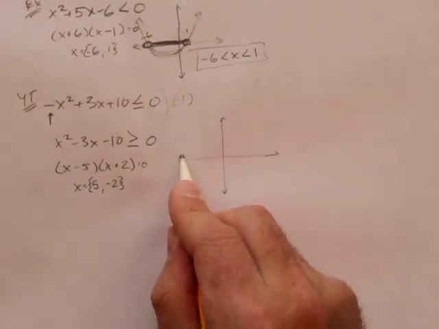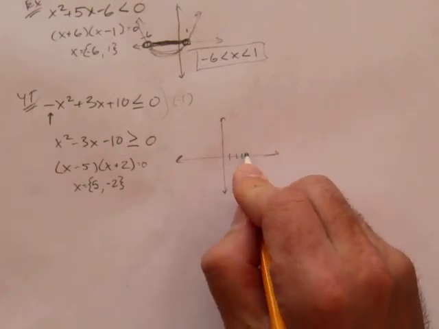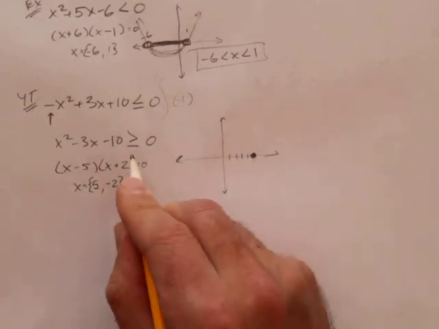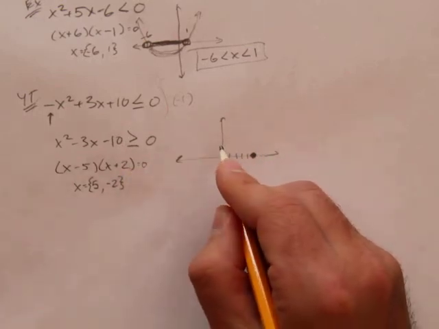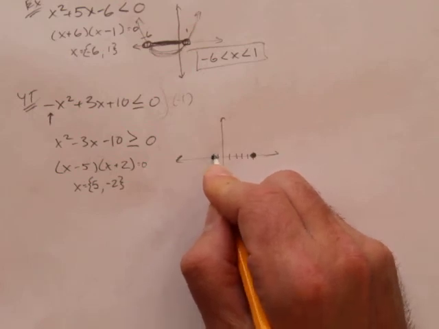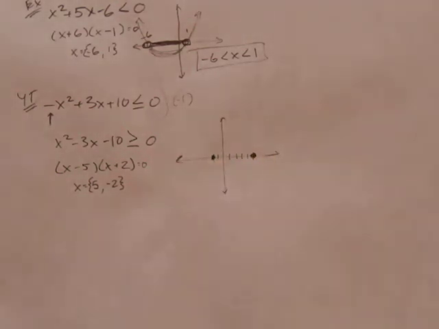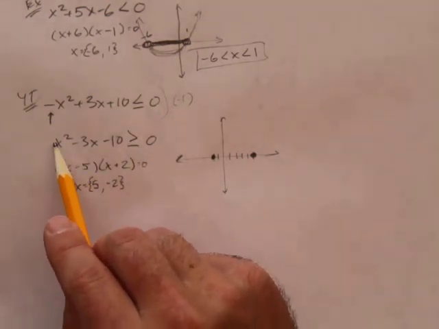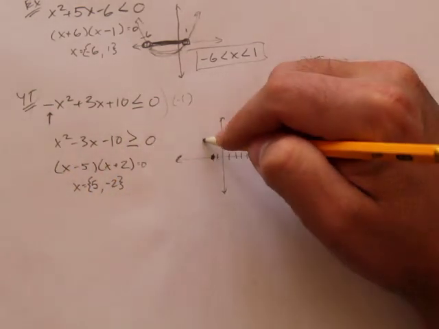Positive 5, 1, 2, 3, 4, 5, and it's going to be a solid dot because it's "or equals to," and then negative 2, 1, 2, solid because it's "or equals to."